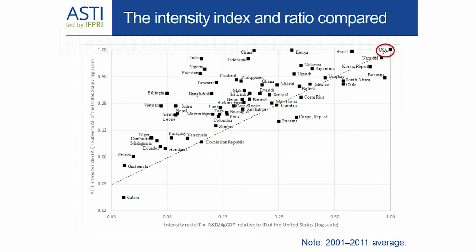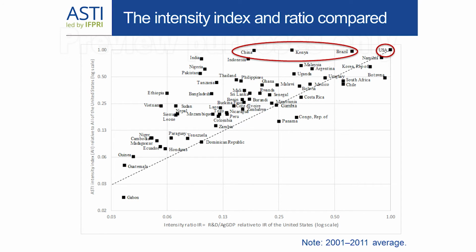The intensity ratio will tell you that, relative to the US, the US with a value of 1 is the country with the highest intensity ratio. Look at India, how far from the right it is according to the intensity ratio. And that's what we were seeing in the first picture that I showed you. The same for China, Kenya, all of these countries are underperforming in terms of intensity if you use the traditional intensity index.